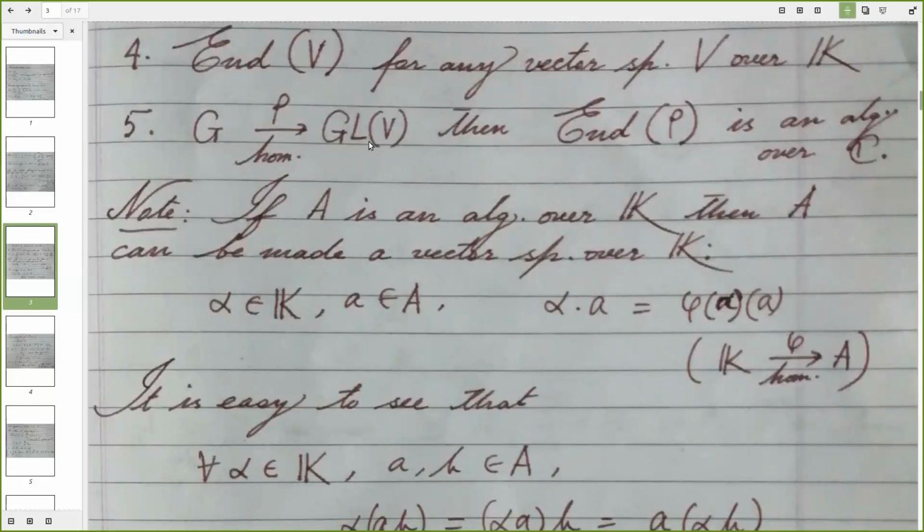What we have to define as an extra is the scalar multiplication, which we define in this way. If we consider an element alpha from the field K and an element a from A, alpha times a is defined as phi alpha applied on a. So given alpha in K, phi alpha is a member in A, and we are considering the product of phi alpha and a. Okay.